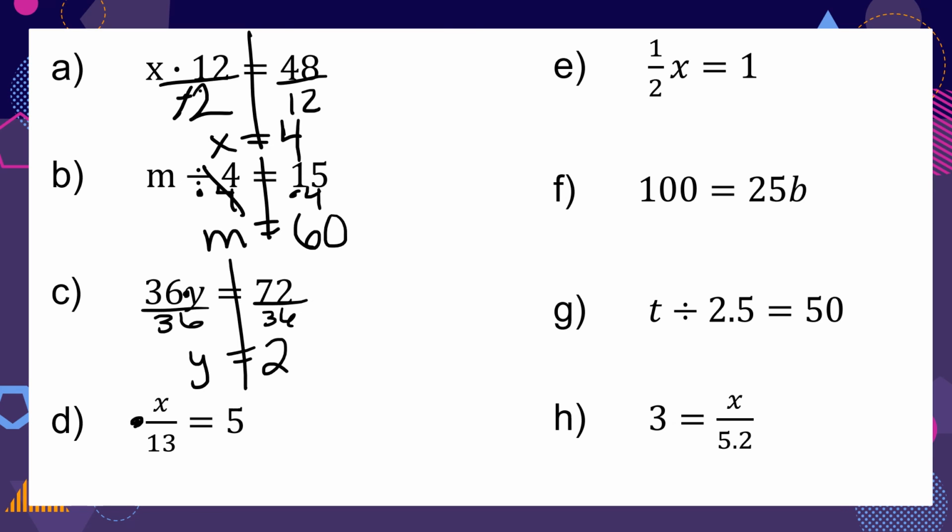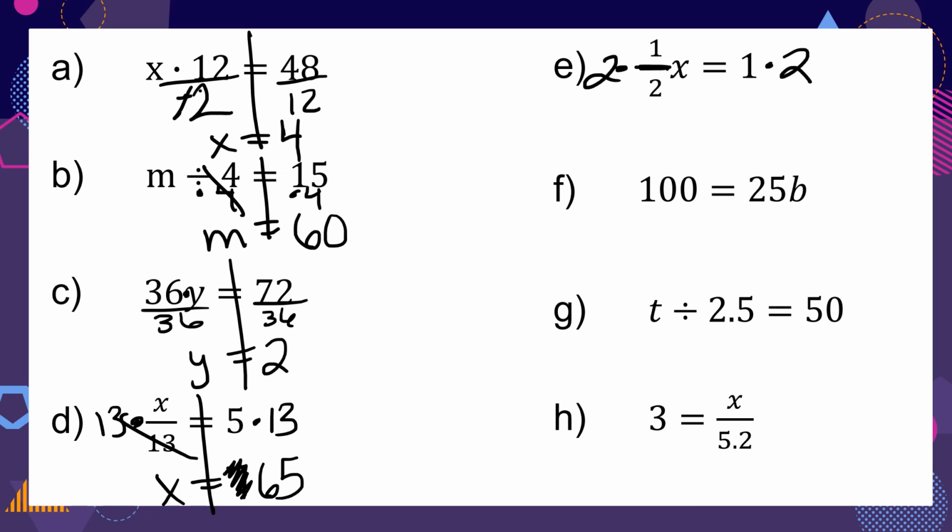Instead of divide by 13, times by 13. Oops, 65. Oops, there we go. Instead of divide by 2, we're going to times by 2.